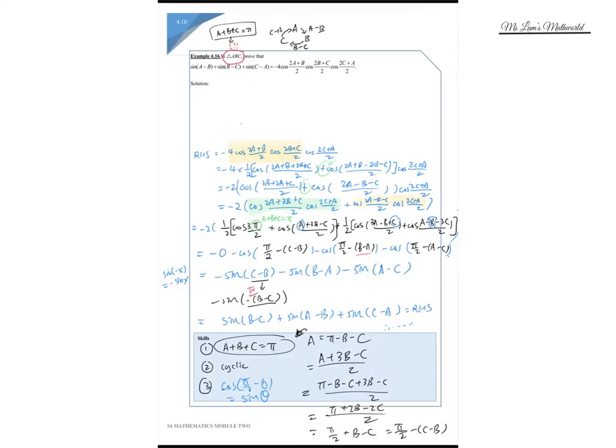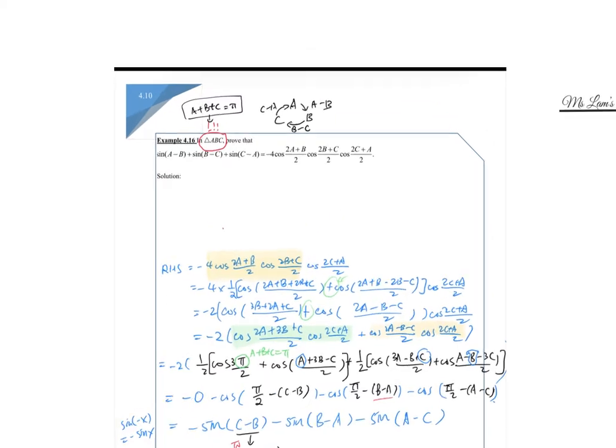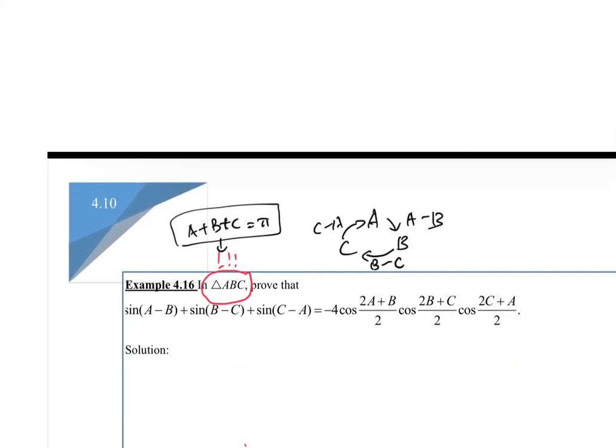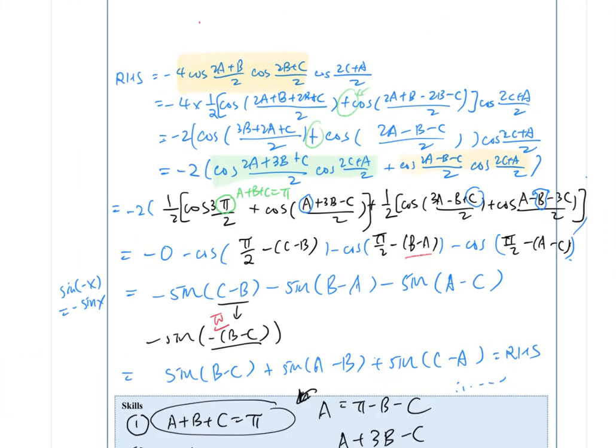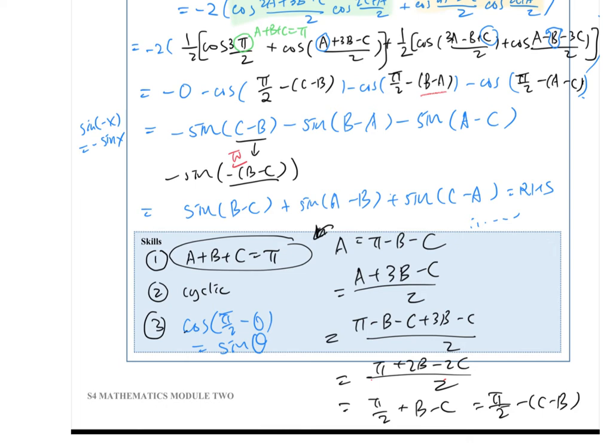A really crazy one. So you see in a triangle ABC, we can use the information A plus B plus C equals to pi, to simplify the ABC, right? If you still remember, we've done something like this before. We will use this often, and also cyclic.